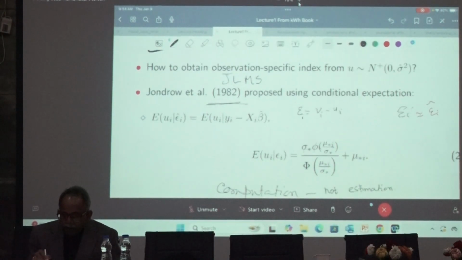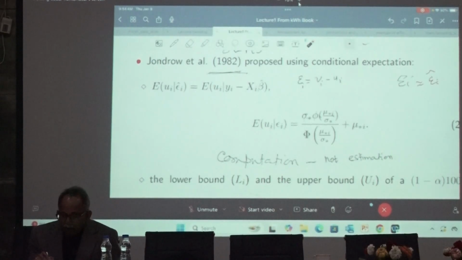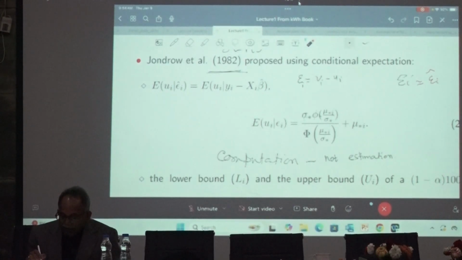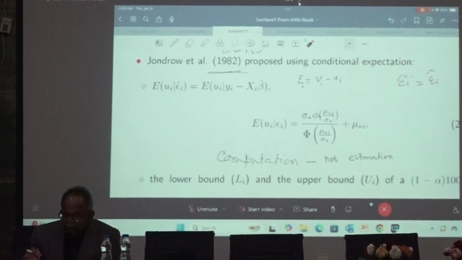This formula is this one. I can explain what it is, but again, if you don't need. Sigma star is a function of sigma u and sigma v, and this little phi and big phi: the little phi is the normal PDF or probability density function, and big phi is the normal CDF, that means cumulative distribution function. So these are some functions.